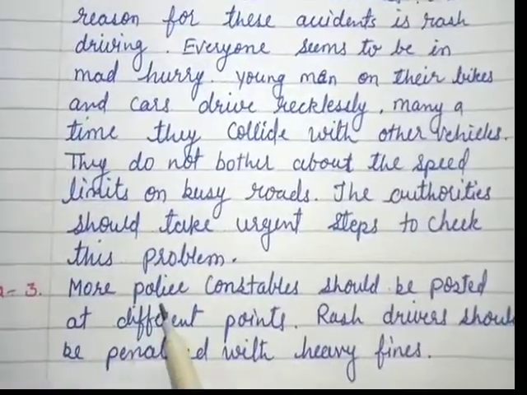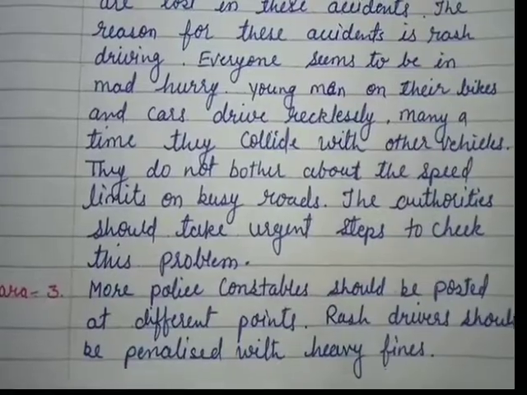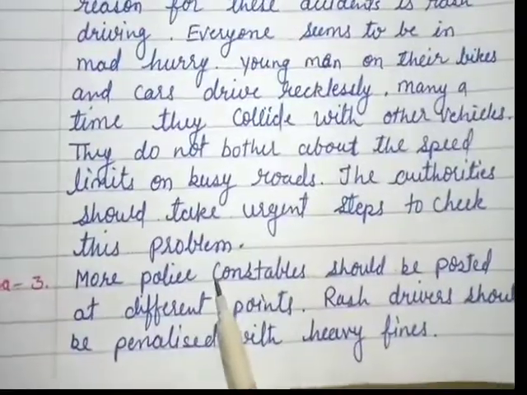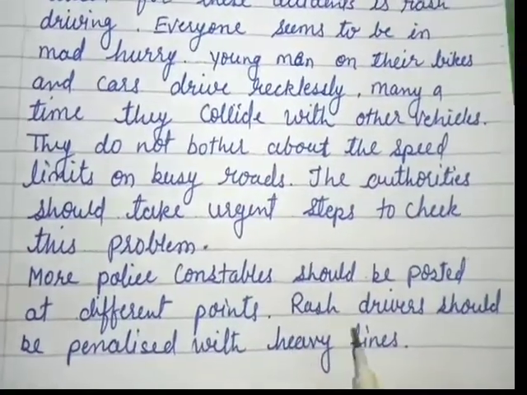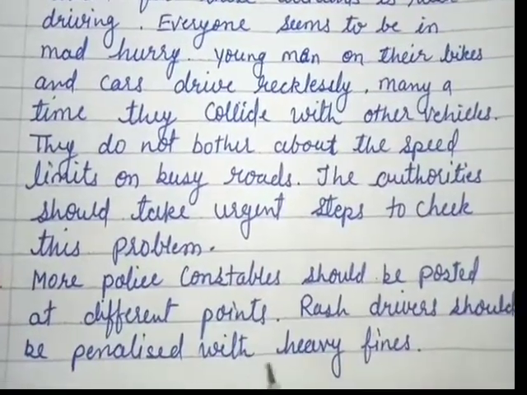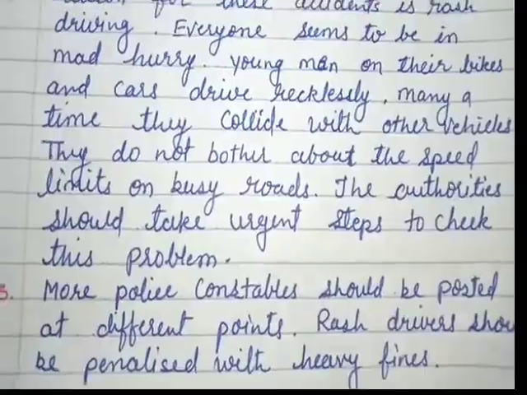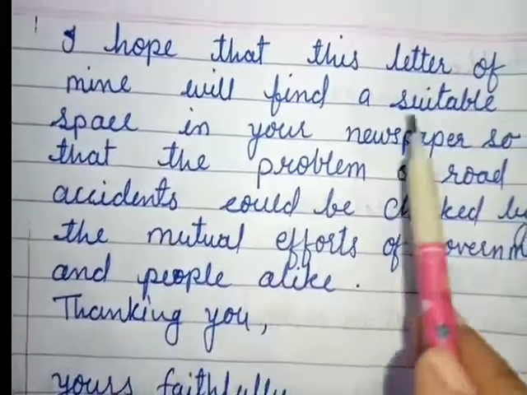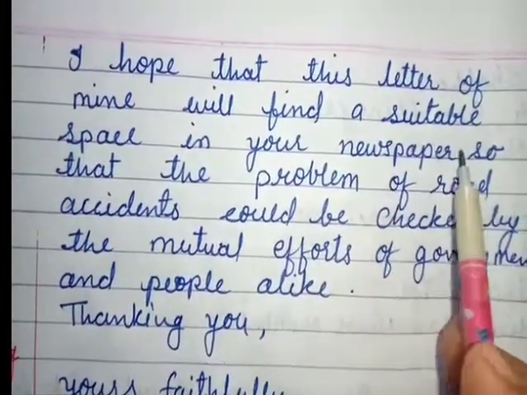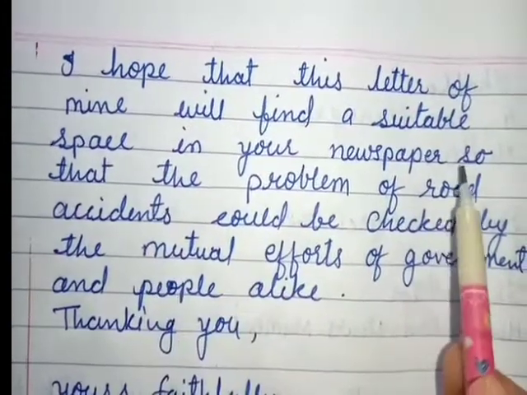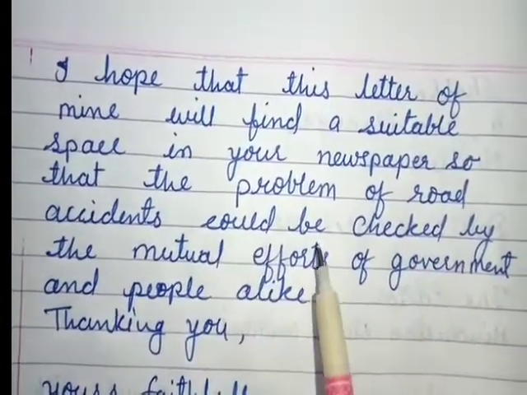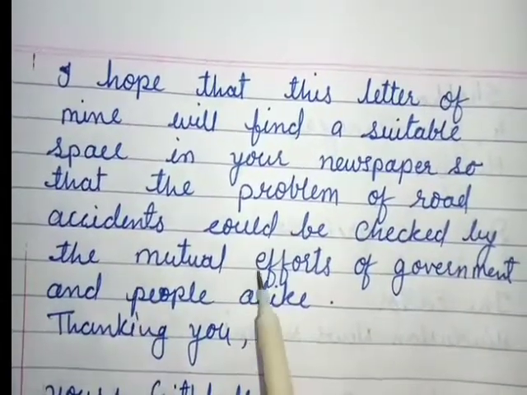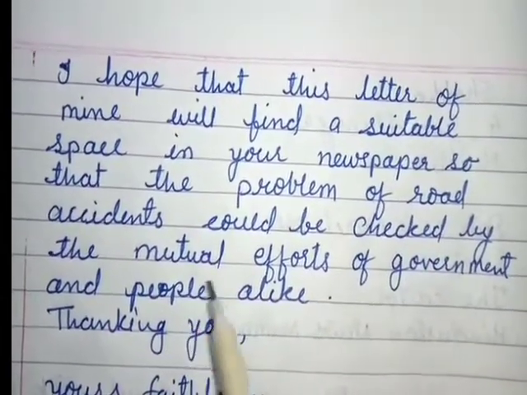So in the third paragraph, you can write, more police constables should be posted at different points. Rash drivers should be penalized with heavy fines. I hope that this letter of mine will find a suitable space in your newspaper so that the problem of road accidents could be checked by the mutual effort of government and people alike.